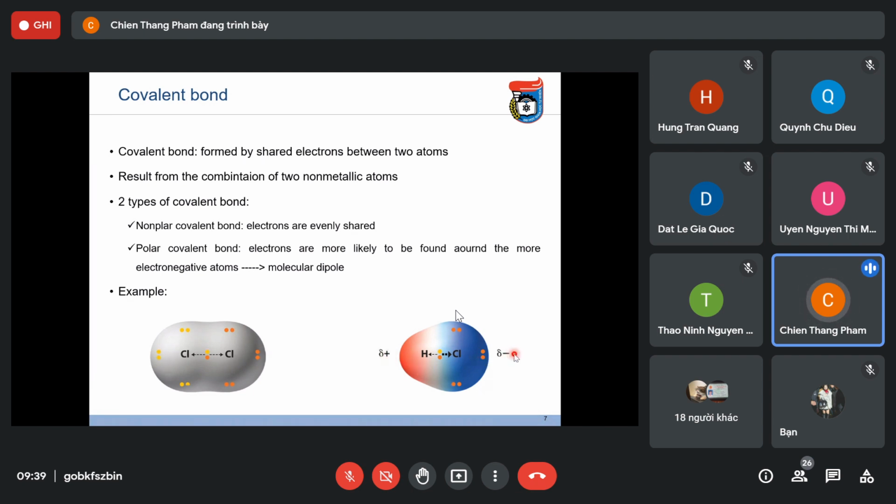In this case they form poles, an electric polarity between the negative and the positive. This we call a polar covalent bond, and this kind of polar covalent bond produces a molecular dipole.